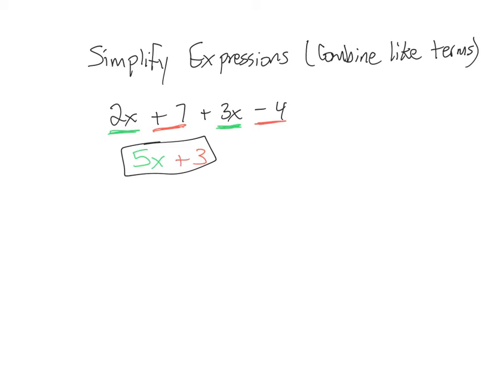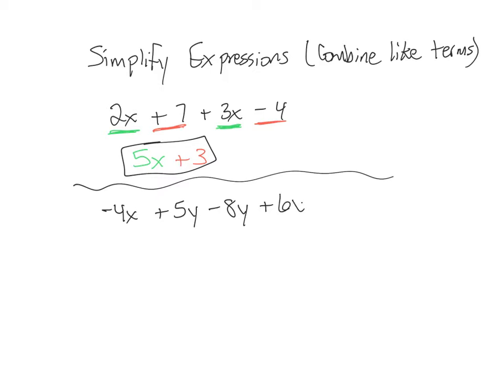So we'll have some with different letters. So we might have negative 4x plus 5y minus 8y plus 6x. So it's okay to have different letters.